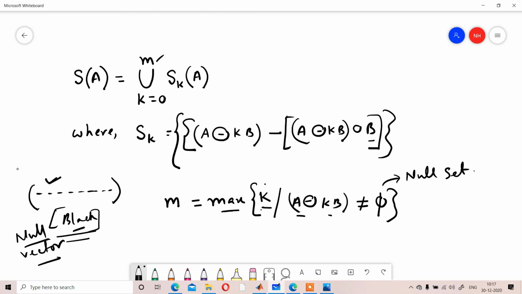For K equal to 6, you are getting the null vector, means you are getting completely black. So before that step, the operation will stop. Whenever you are getting the image completely black, before that step, the operation will stop. So M will be the value of K before that step. Clear or not?